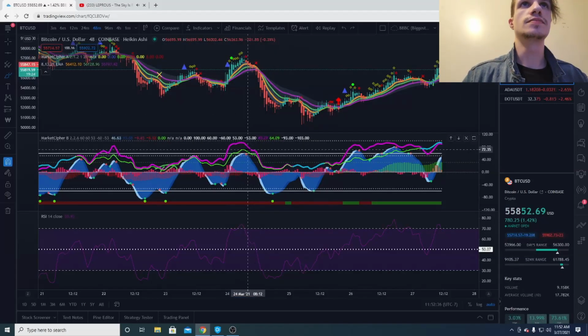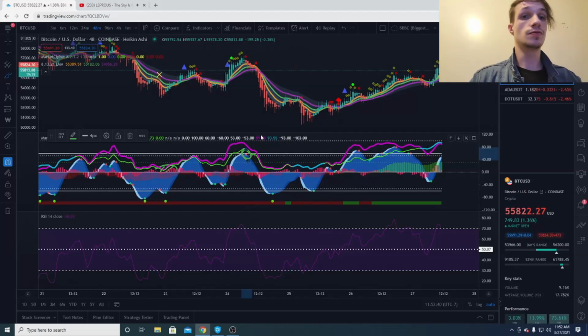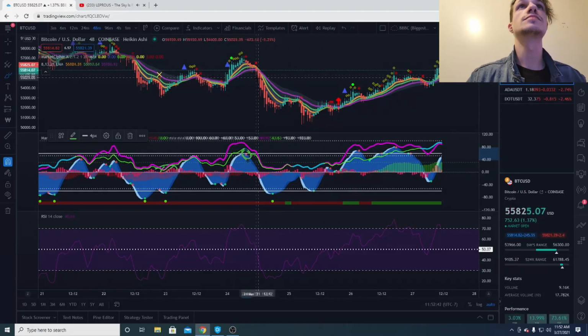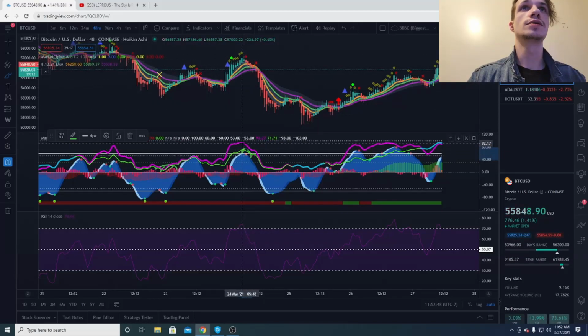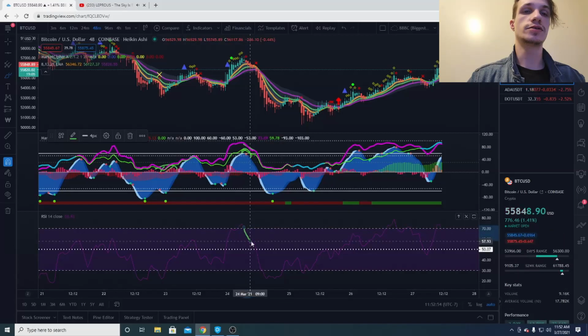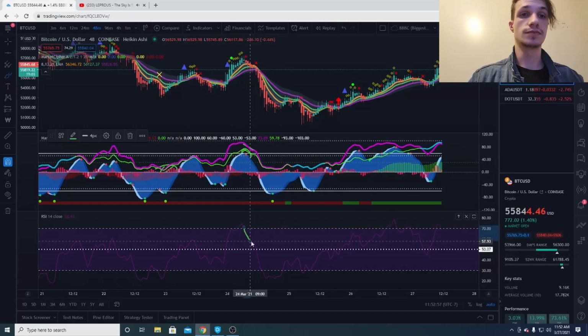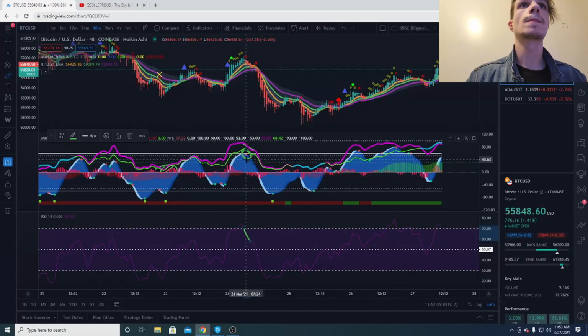All right, so we have a red dot, which is cool to look for. You don't want to trade solely off your red dot, whichever red dot. You want to wait for your confirmations, all right? So you see that your RSI is going down on your Market Cipher B. You see that you're going down on your actual RSI.